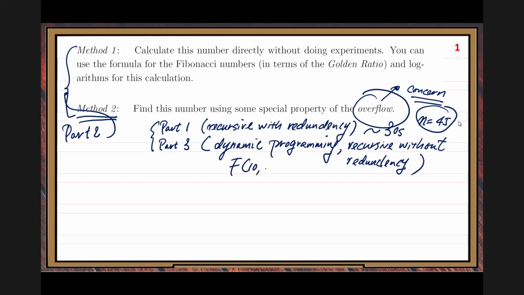So compare 10,000 and f45. Huge difference, right? But fractional second. One student showed me yesterday, 0.00 something second. Very fast.